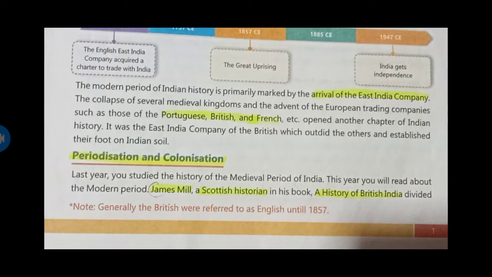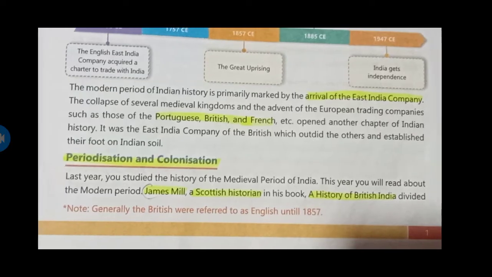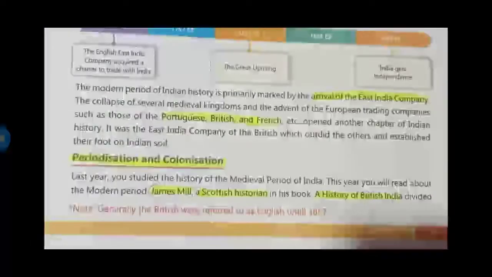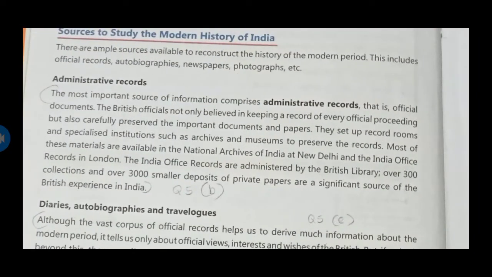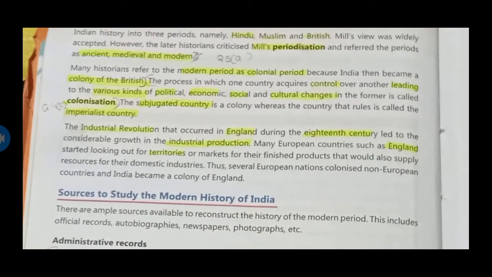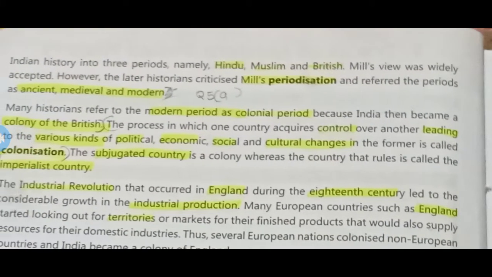There was a Scottish historian, James Mill, and in his book A History of British India, he divided Indian history into three periods: Hindu, Muslim, and British. Because in the ancient period mostly Hindu rulers are there, in the medieval there are Muslims, and in the modern one we are learning, there are the British ones.